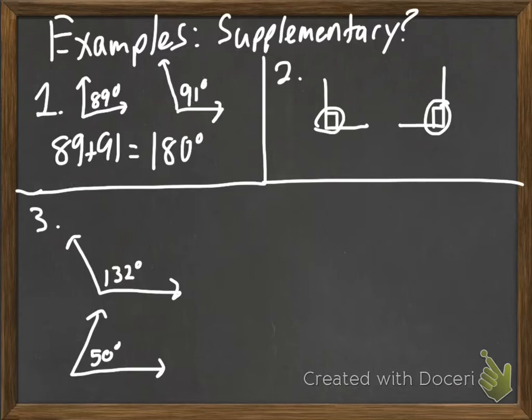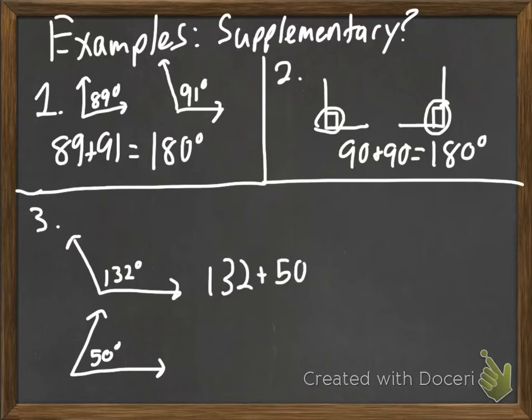And we know that a right angle is exactly 90 degrees. So 90 plus 90 is 180. So 1 and 2 are supplementary angles. And let's look at 3. We have 132 plus 50. That's 182 degrees. It's close, but no cigar. So number 3 is not supplementary.